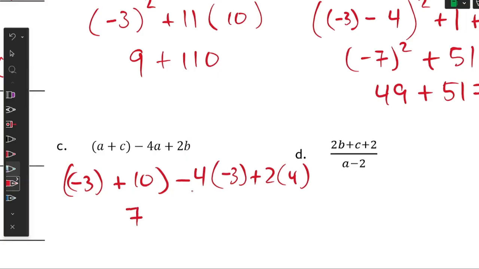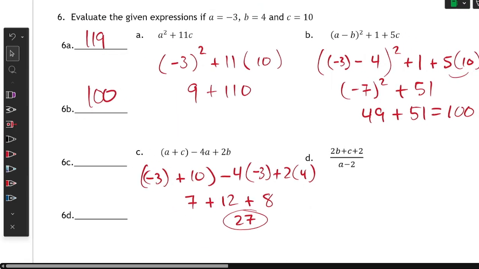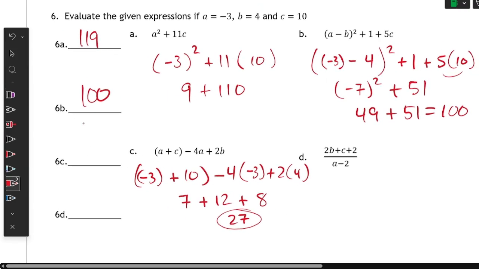And then I've got -4 times -3, which is going to be a +12. And I'm going to add a final 8 to that. So the 12 and 8 together make 20, correct. And if I add 7 more, I've got 27. So this evaluates to the number 27. It is 27.